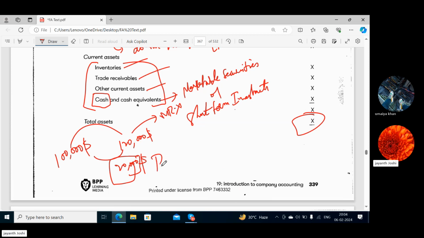So this is called realizable nature gain. And this can be shown in SOPL, statement of profit or loss. I will say this as profit on sale of asset.